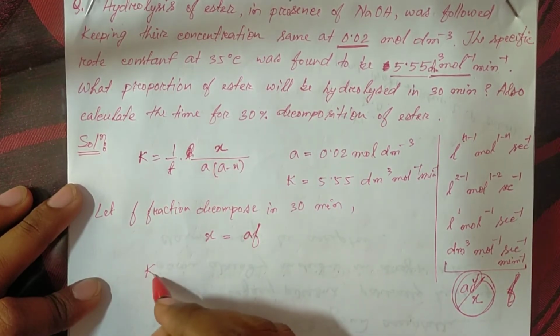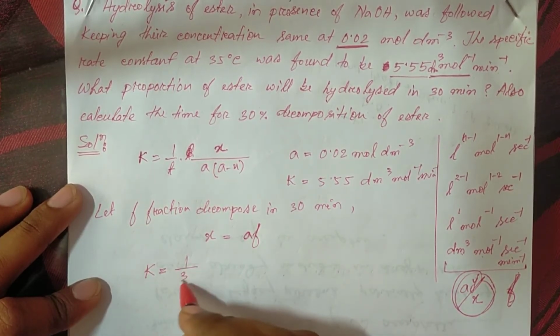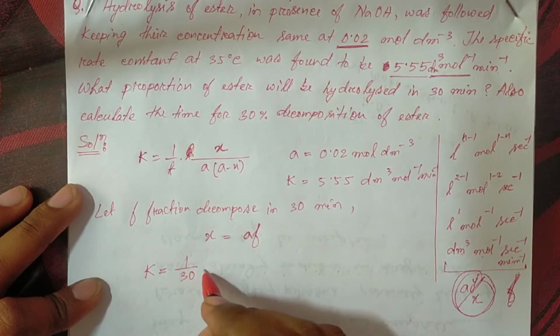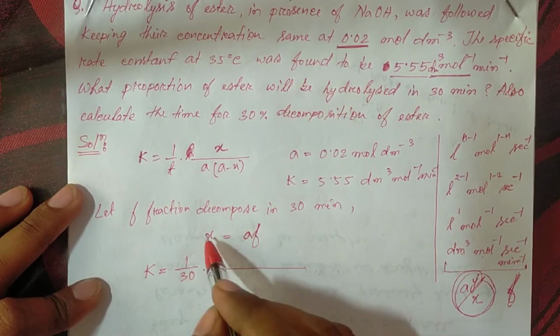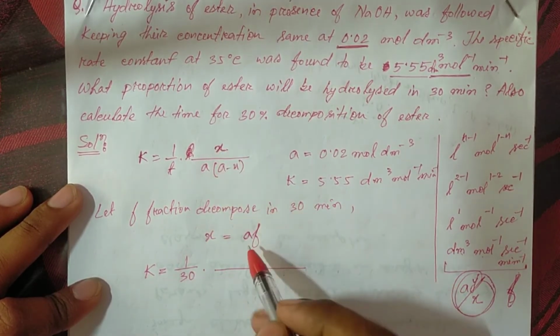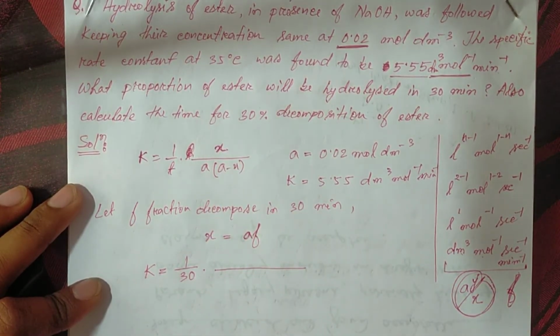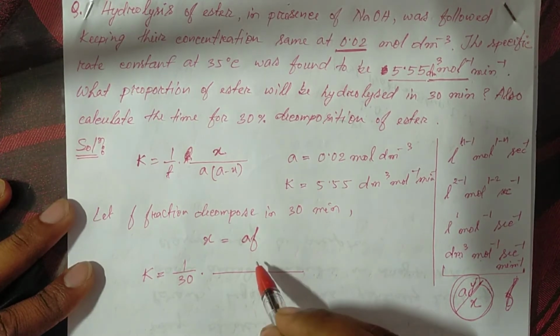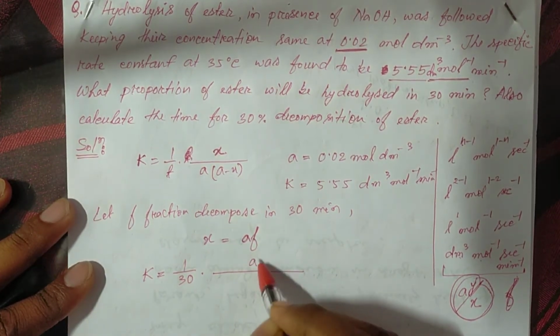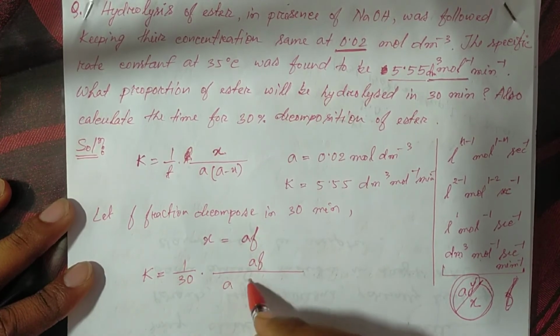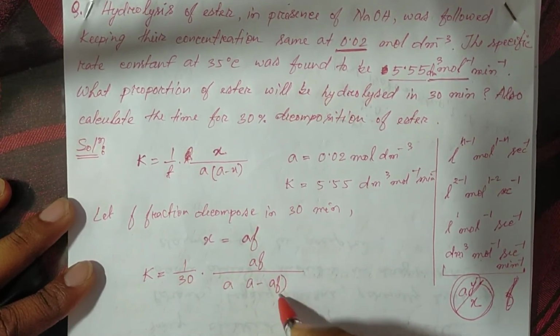Okay, so K is equal to 1 by 30, we will put x instead of Af, so it is Af by A minus Af.